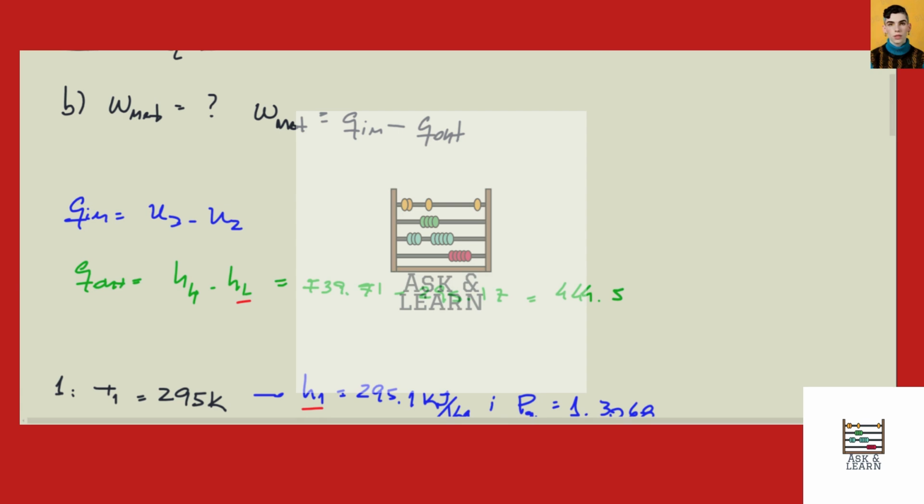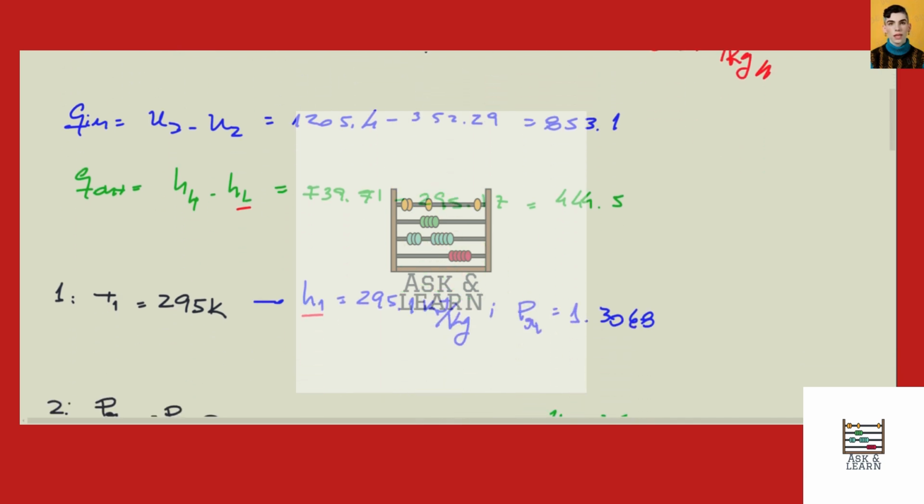And the heat input is going to be 1205.4 minus 352.29, which gives us 853.1. Therefore, the net work that we want is just 408.6 kilojoules per kilogram. So this is item B.